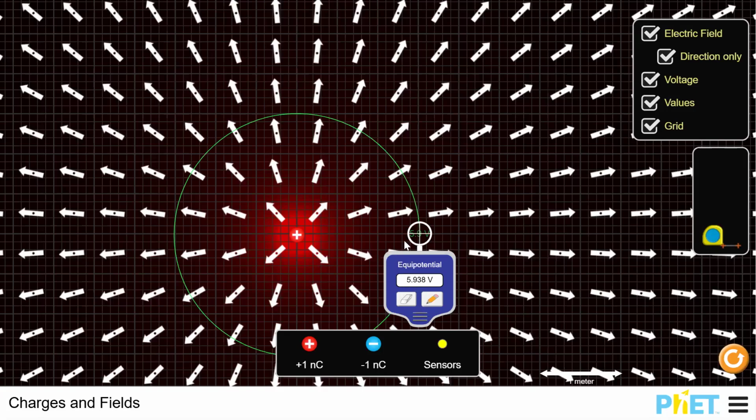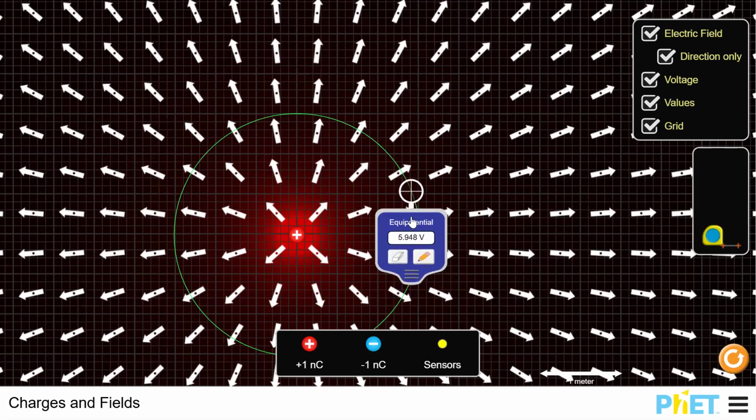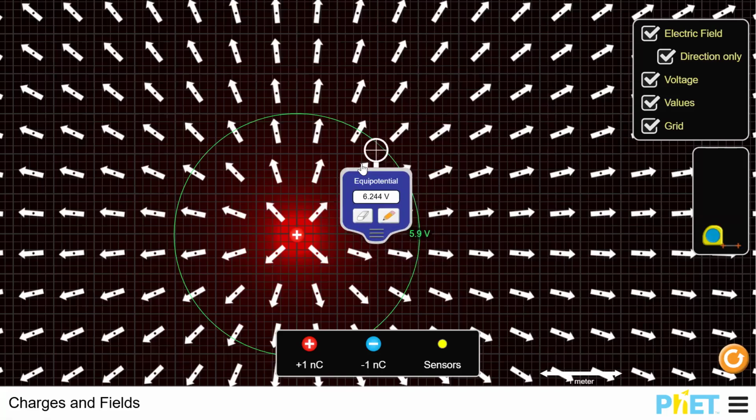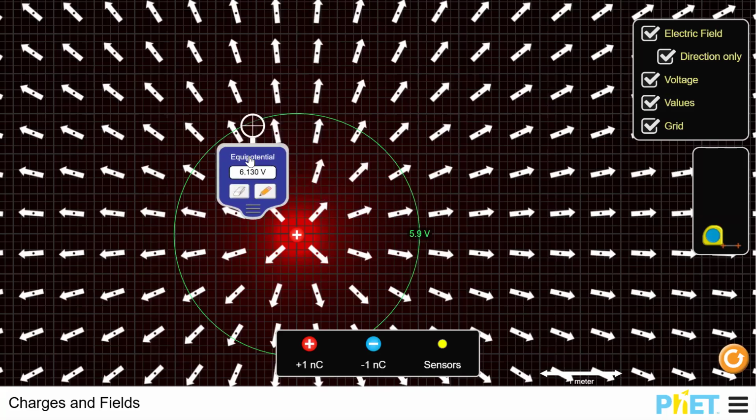That point is at some distance from the positive charge. Now again I will move the tool on the same surface. Here also you can see 5.9, 5.938. If we place it at the exact position, we can see the value of 5.9.